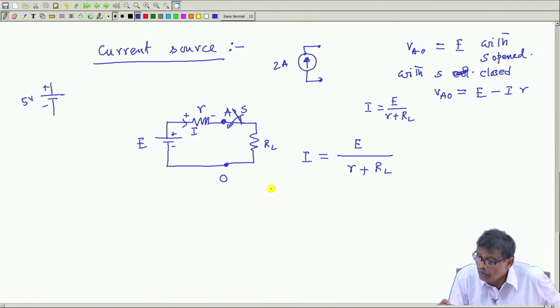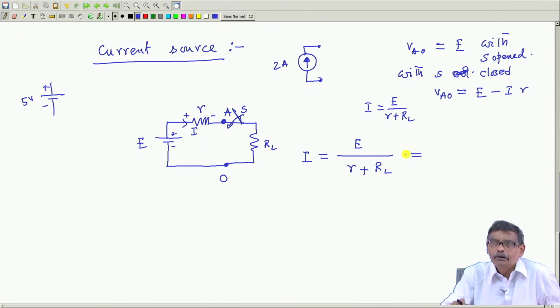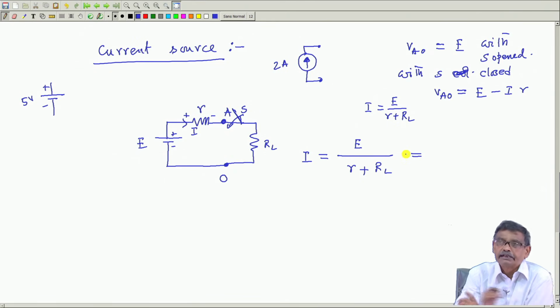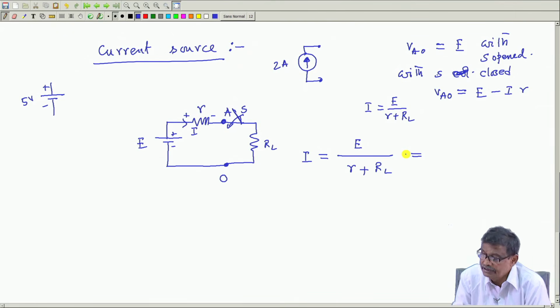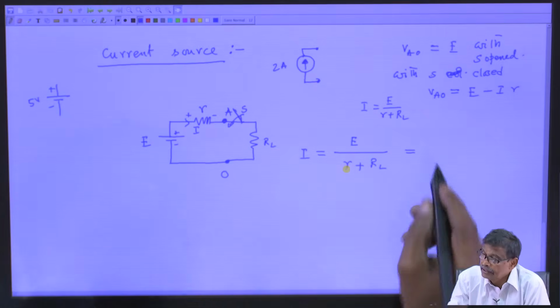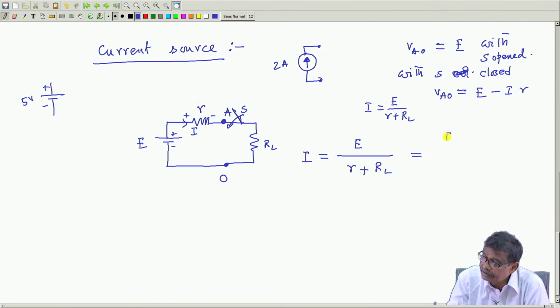Acha, now what I will do is this, I will do some mathematical operation on this particular expression. What I do, I divide numerator and denominator by this small r. That is, I will say that this is nothing but E by r and r plus RL by r.